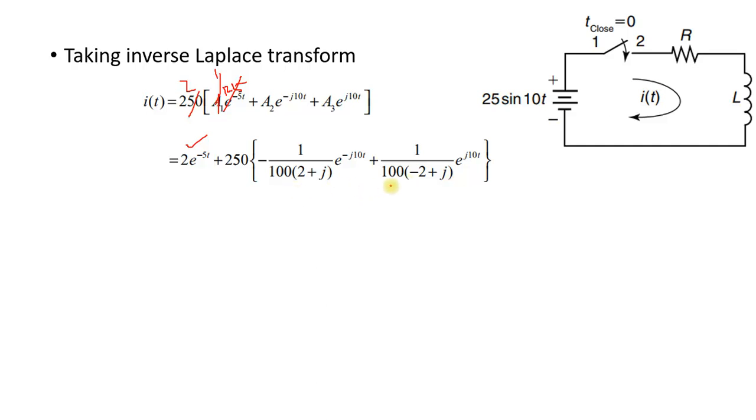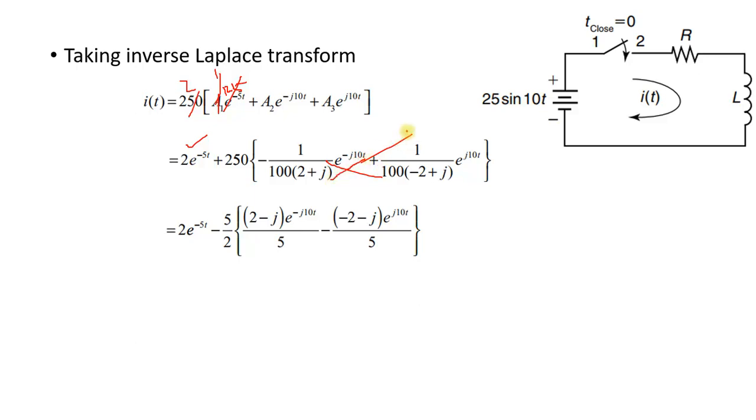Okay, you take 100 outside. Therefore if you simplify this, it is 5 by 2. So this is the final expression, and this (2 plus j) and (minus 2 plus j) is there. Just cross multiply these two values, and take the 100 outside.